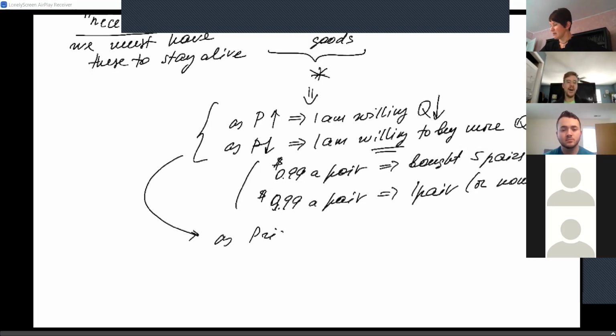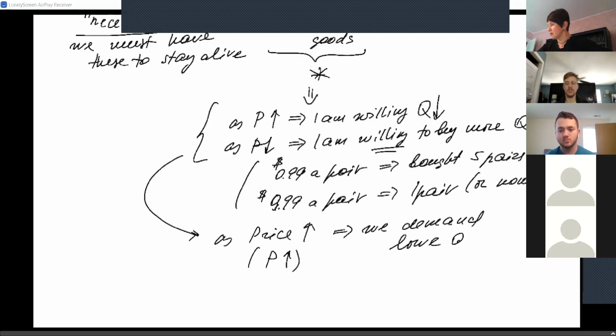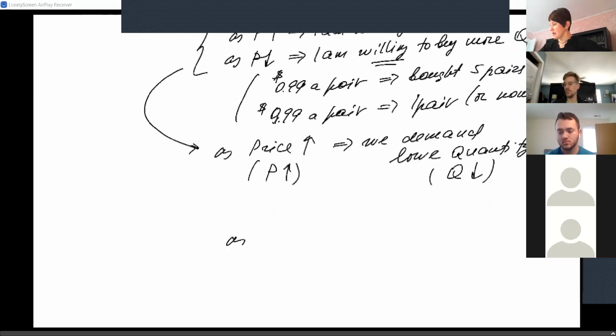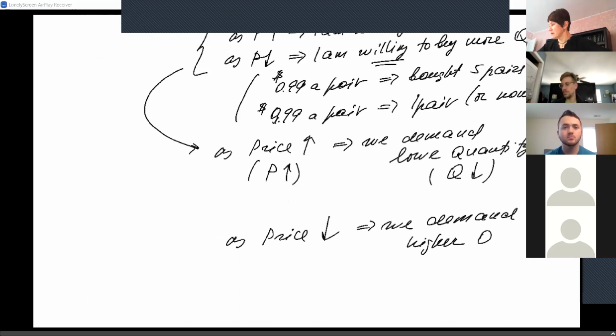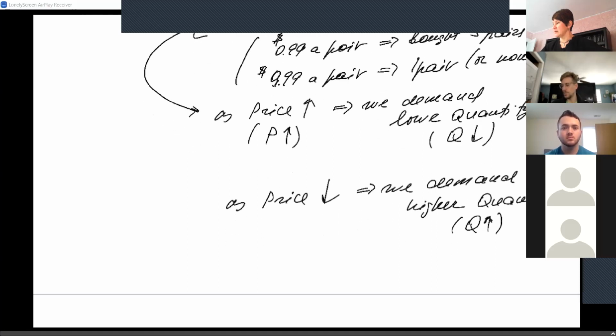As price increases, we demand a lower quantity. Q drops. As price decreases, we demand a higher quantity. Quantity increases.